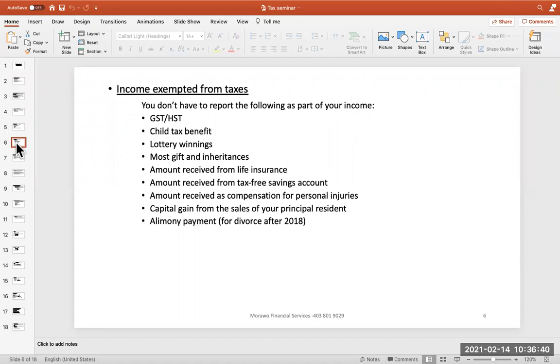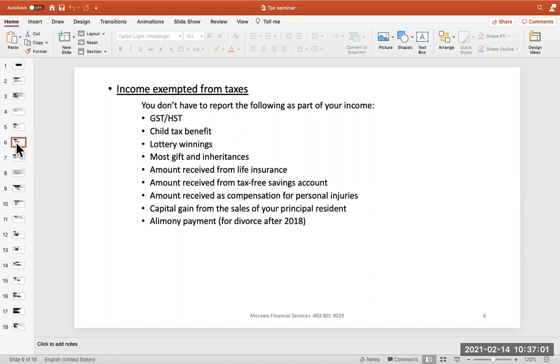Then capital gain from sales of principal residence. If, for example, you have your first house where you are living, and for one reason or the other, you want to sell it, it's your principal residence, then whatever profit you make thereof is not subjected to tax.